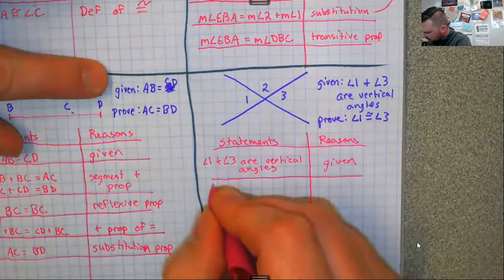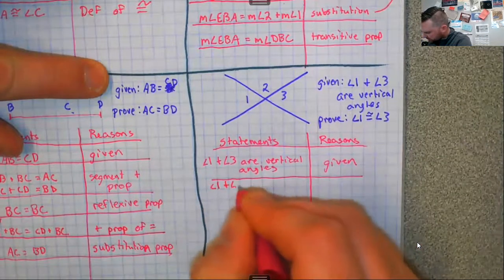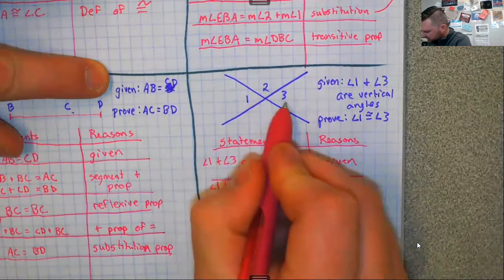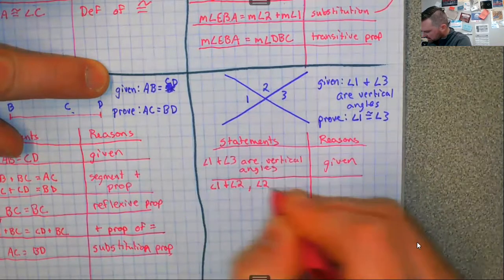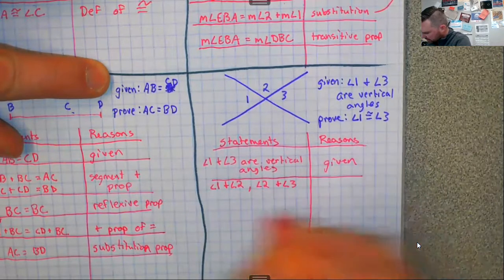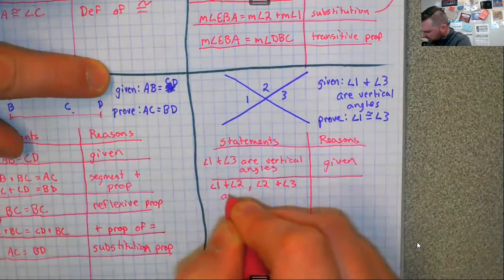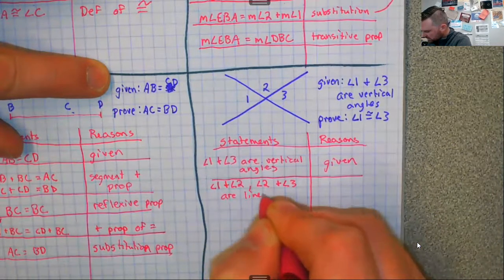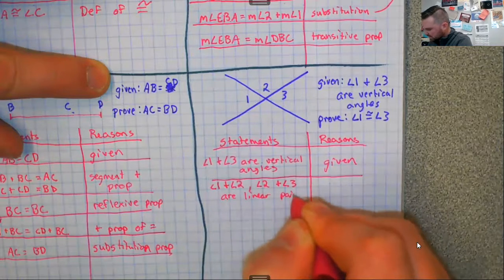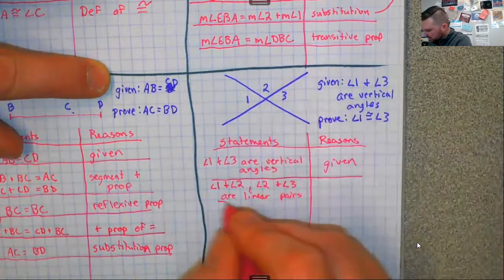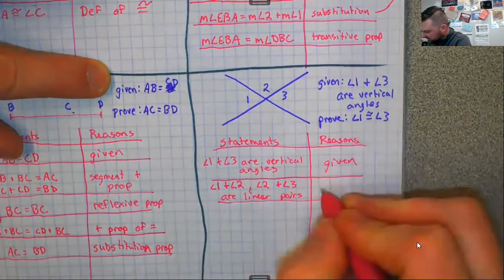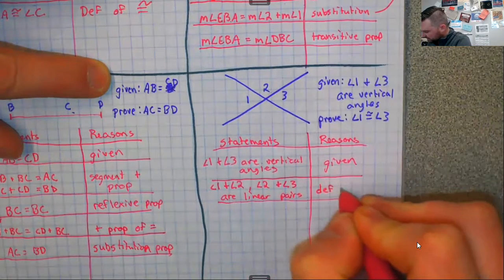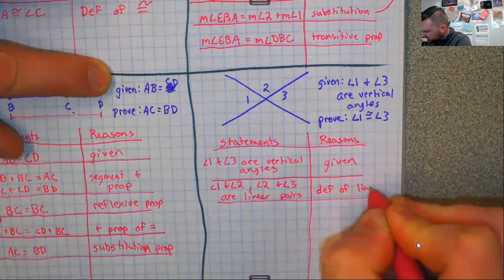So angle 1 and angle 2, as well as angle 2 and angle 3, those are linear pairs because they form a straight line. And we know that because of the definition of linear pairs.